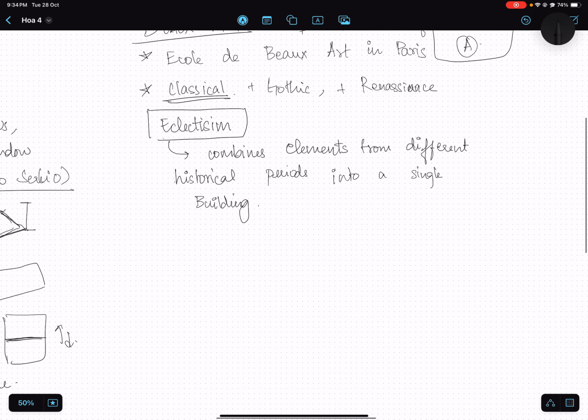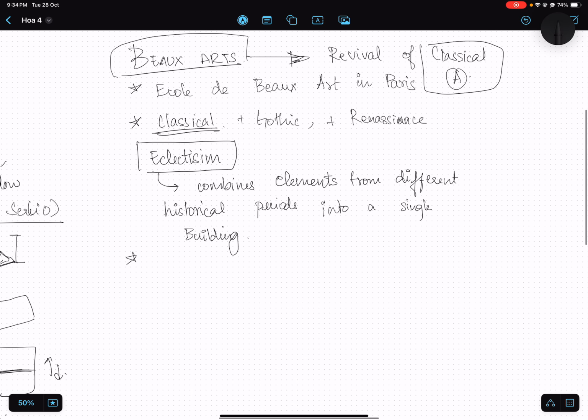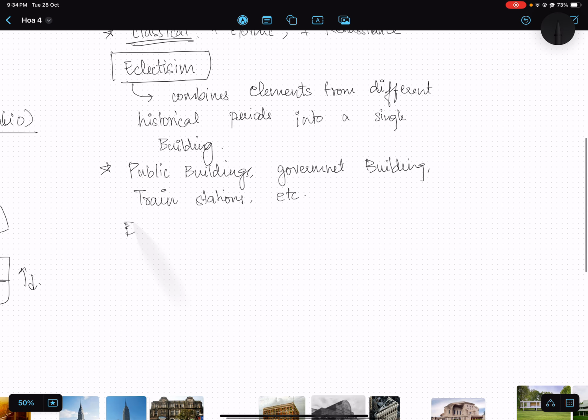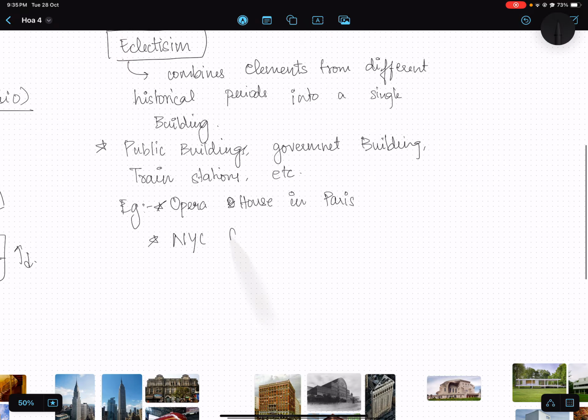And this architectural style was mostly used for designing public buildings, government buildings, train stations, etc. So one example is the Opera House in Paris, and another example is New York City's Grand Central Terminus.